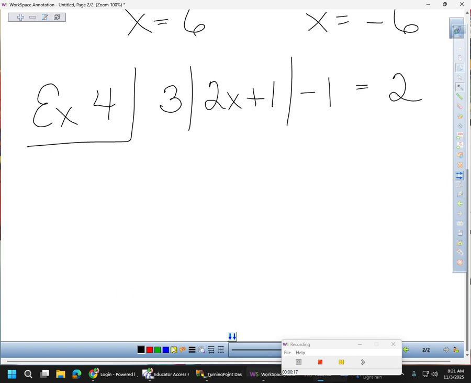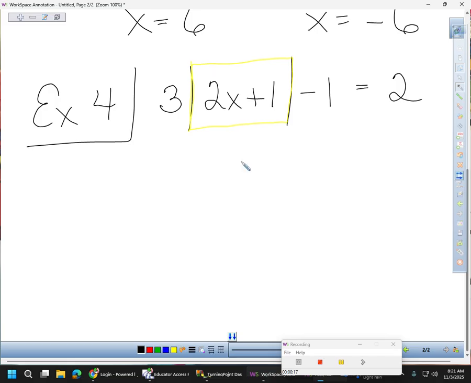Oh, hold on. Okay, this is what I need to isolate. Okay, I'm not touching what's inside of there. He's like a jail cell. You don't touch what's inside until he's all by himself. Okay, so now, first thing I have to do is get it by itself. Nope, we can't touch what's inside.